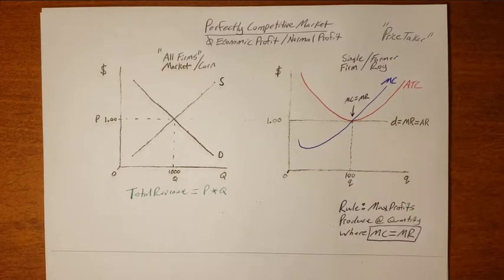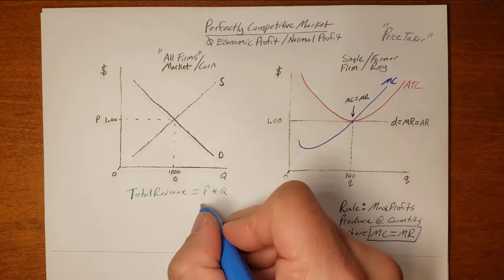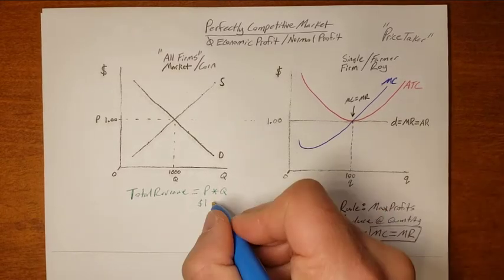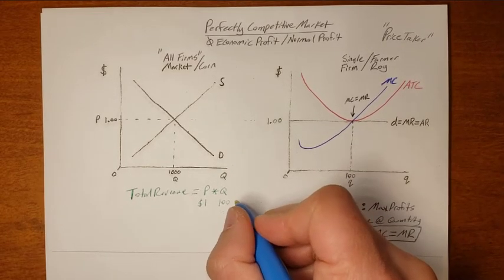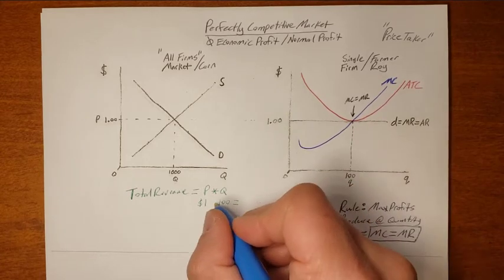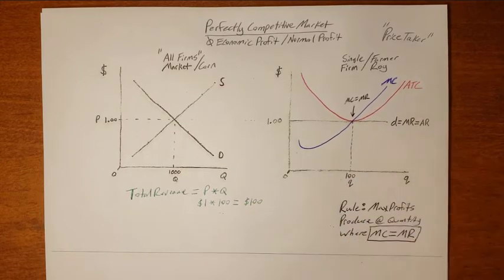Okay, so the price that we're getting for this particular output is $1, and the quantity that we're selling is 100. So the total revenue for this firm is $1 times 100 equals $100.